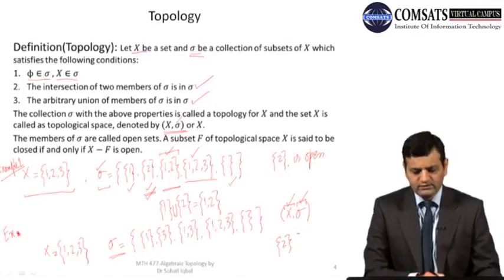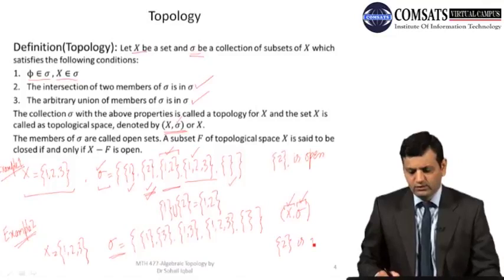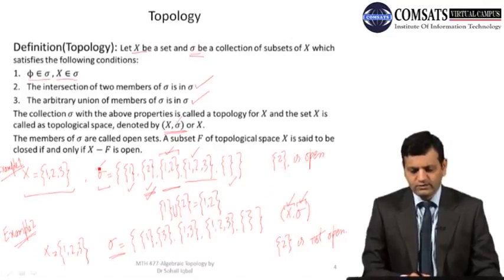Let's say this is example number 2. So {2} is not open. Whether a set is open or not, of course, depends on the collection sigma.